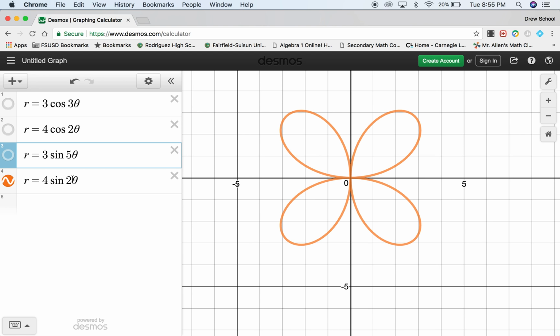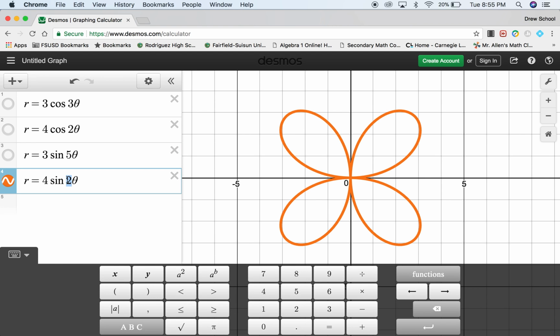Here, again, our n value is even, which means we are symmetrical over the y-axis, the x-axis, and the origin. Since our n value is even, we have twice as many petals. So 2 times 2 is 4, 1, 2, 3, 4.